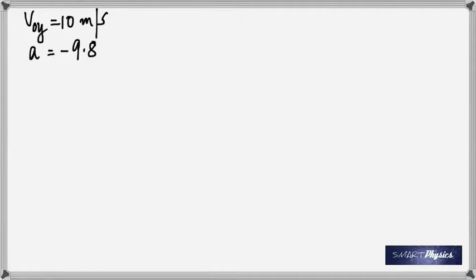And since in the beginning it's going against gravity, the acceleration is negative 9.8 meter per second squared. We're trying to find the time, and we know that the final velocity at the highest point is 0. So in fact, the time that we are going to get in this case is going to be half of the time required.